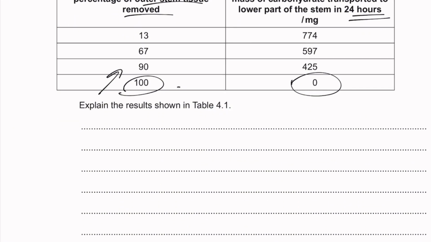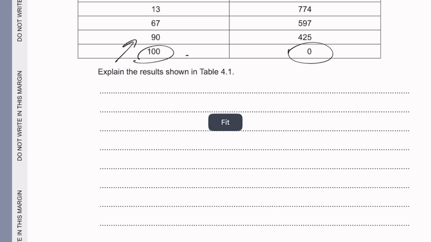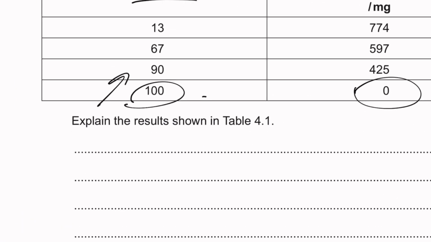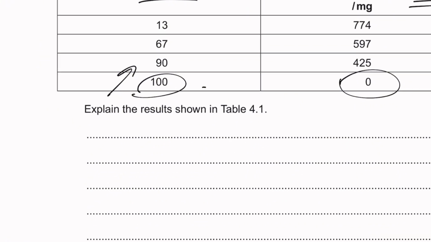Now explain the results shown. Okay, so firstly, let's just explain it like babies, because there's 4 marks here. So let's just describe it in mundane detail. Starting out with, these are carbohydrates. Carbohydrates are transported by the phloem in translocation. There is no translocation when there is no phloem tissue.